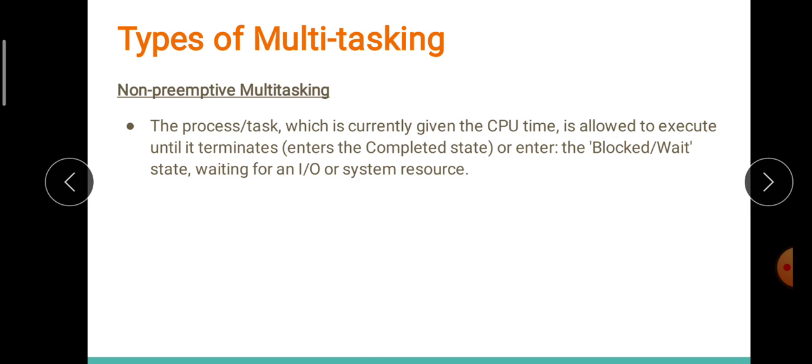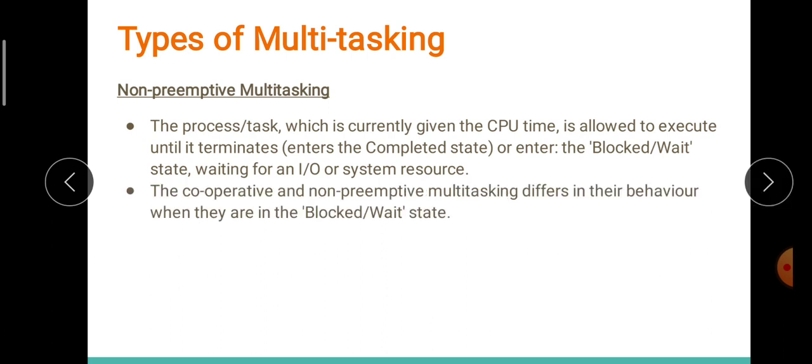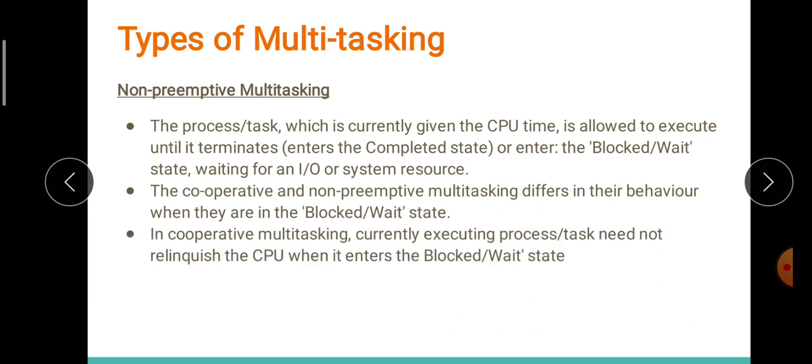Now, in fact, this non-preemptive and the cooperative may seem similar, right? Because both can use the CPU until it terminates, right? Then what is the difference between them? So the difference arises in their behavior once the task enters the blocked state. If it is non-preemptive multitasking, once task 1 has just entered the blocked state, the CPU will be immediately given to task 2 or task 3, whatever, right?